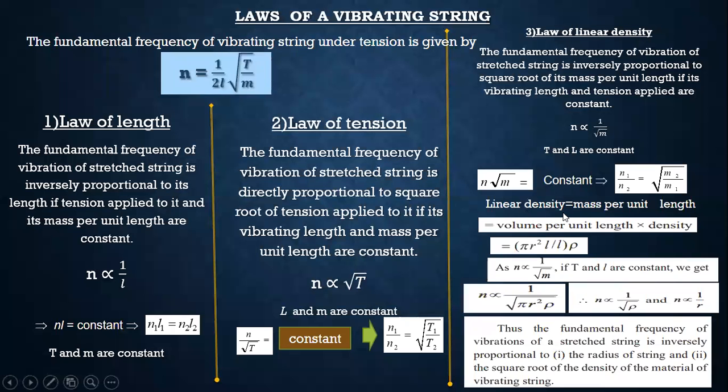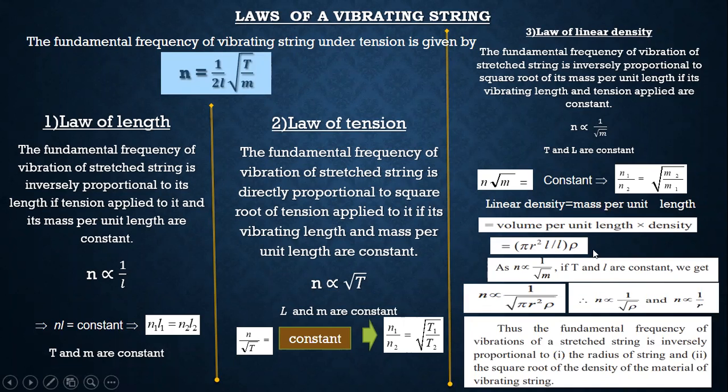Now here linear density small m is mass per unit length, which we can write as density into volume divided by length. By solving this we get linear density is area into density ρ. The area is πr², the cross-sectional area, and density is ρ.